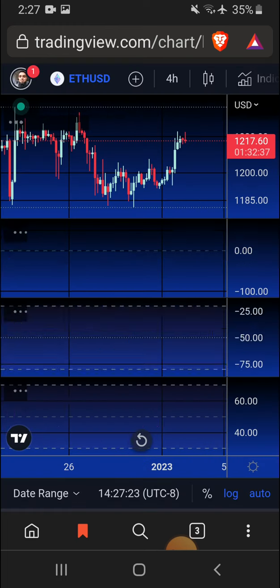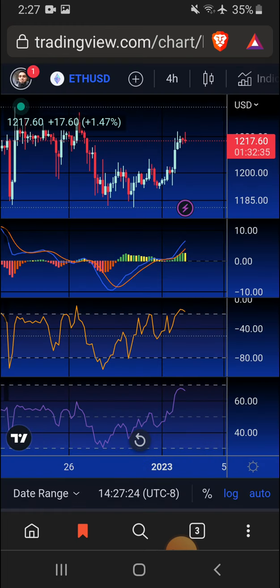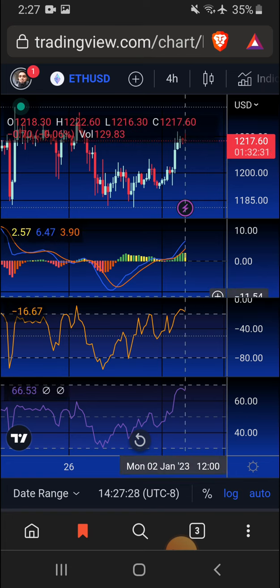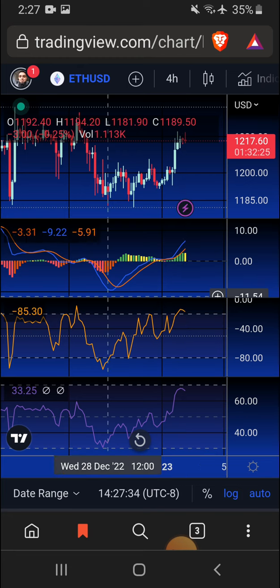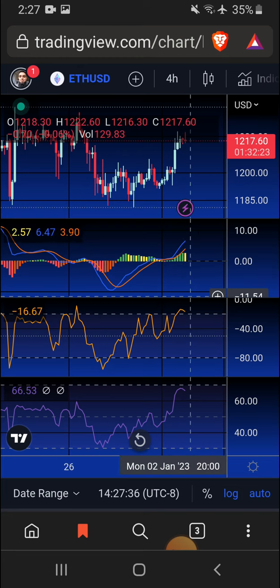Probably the same thing with Ethereum. Still bullish right now. We can see the MACD starting to maybe show some bearishness, but hasn't closed yet, and the signals haven't crossed yet either. So the fast line's still quite high above the slow line, which means that the momentum could still be moving higher. It's still in an uptrend.